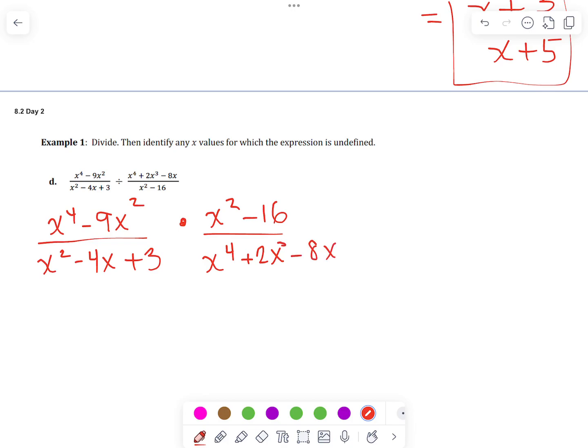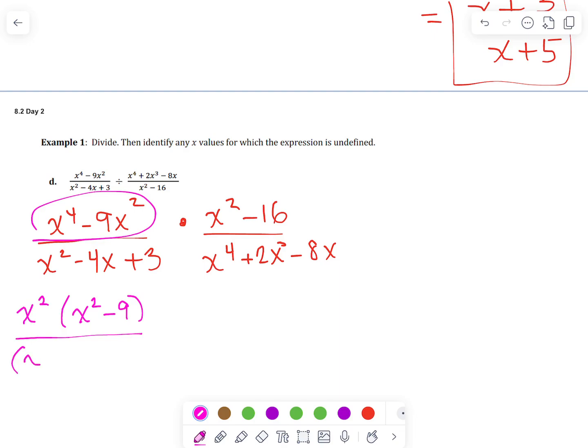Now we're going to go ahead and start factoring. So this first one, we have to take out the GCF. So GCF would be x squared. So we're left with x squared minus 9. And then the denominator, we have to do the diamond method. So what are the factors of 3 that add to -4?